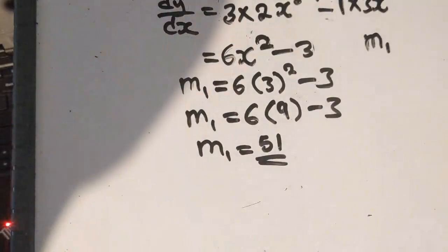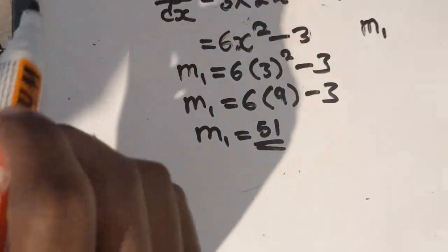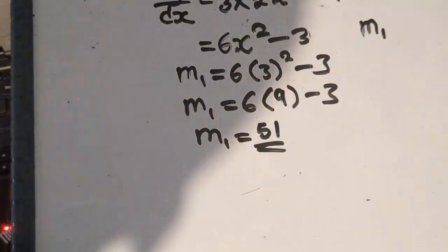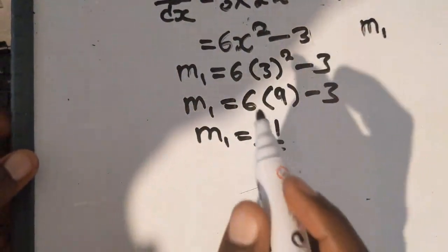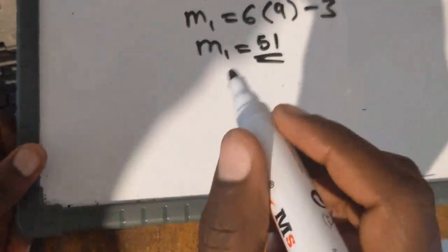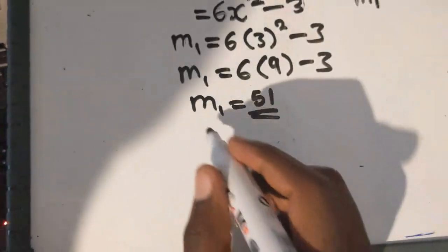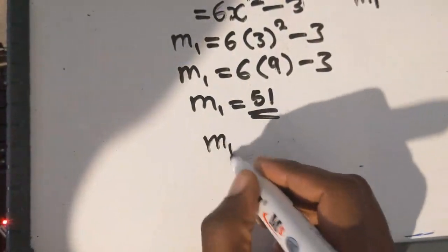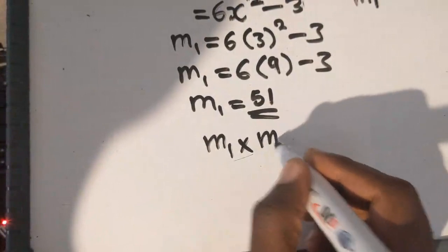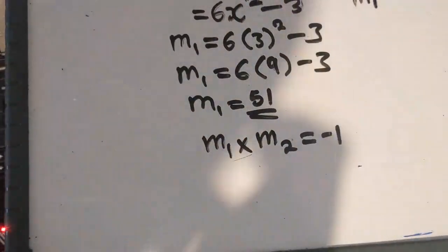And I said that if you want to find m2, this equation that we're supposed to find uses the gradient m2, okay, gradient 2. So for you to find gradient 2, the gradient that the equation uses, you say m1 multiplied by m2 is equal to -1. This is the formula that I gave you.